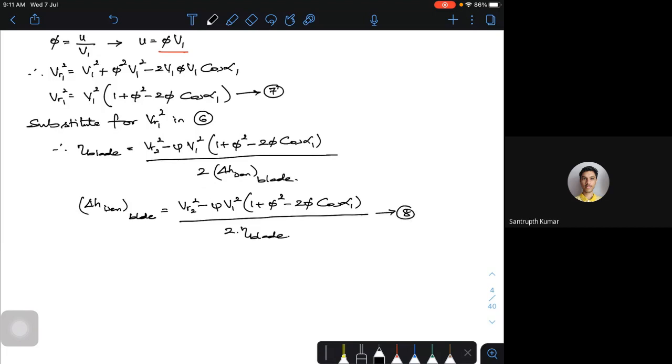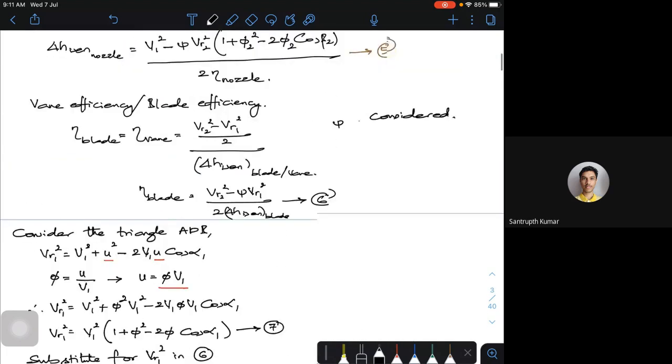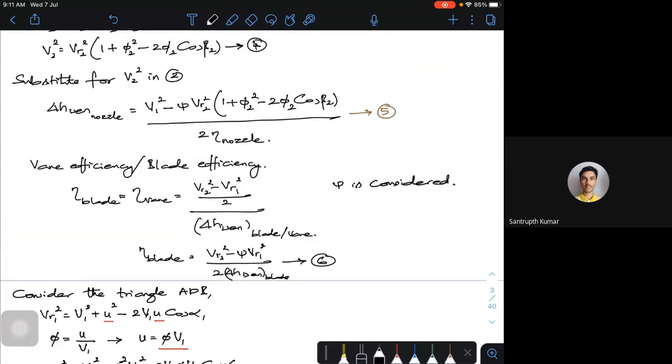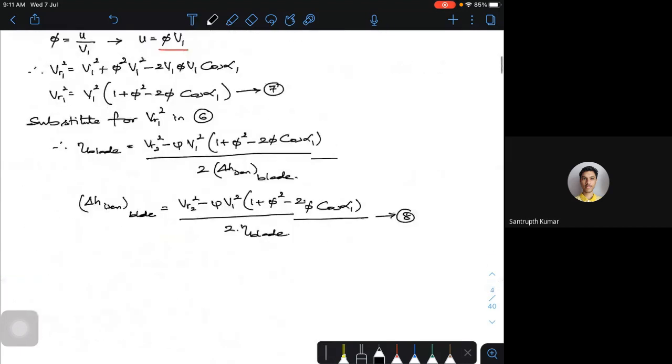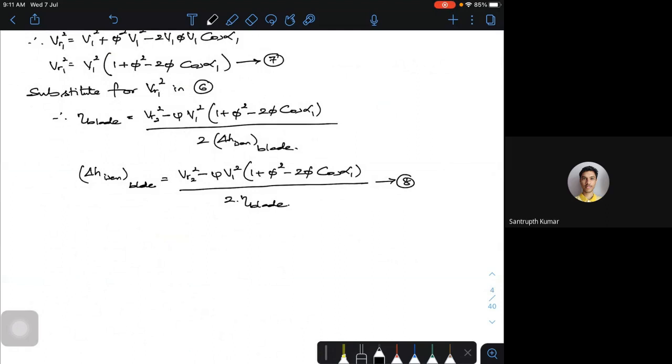So I got the expression for isentropic enthalpy drop for the blade, and previously I got equation 5. Equation 5 is the isentropic enthalpy drop for the nozzle or the stator, and equation 8 is the expression for isentropic enthalpy drop for the blade. Now what is your degree of reaction? I know this actually.